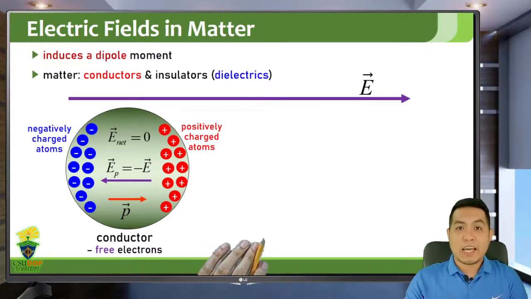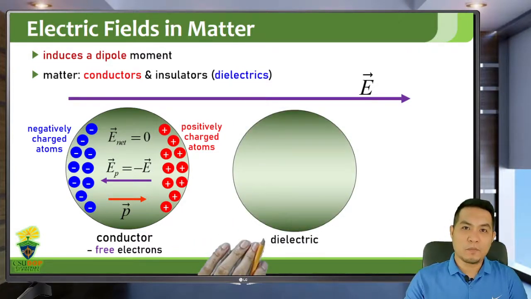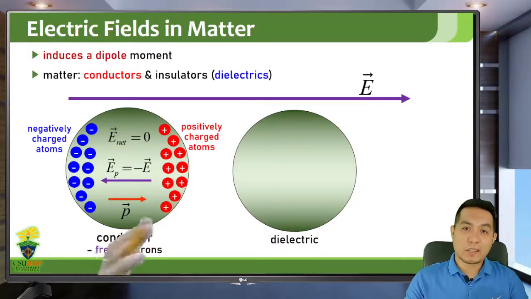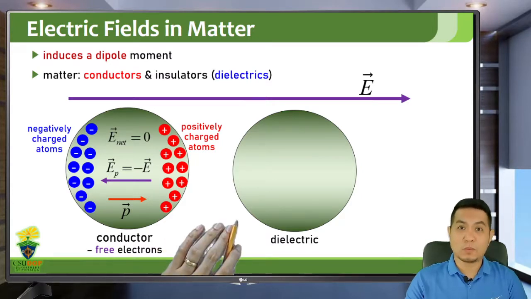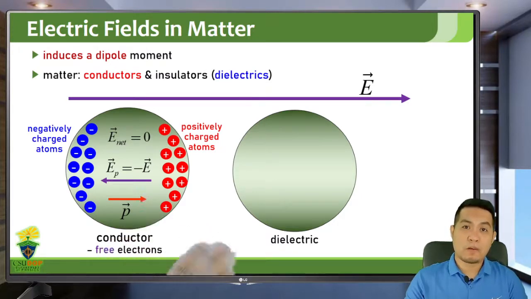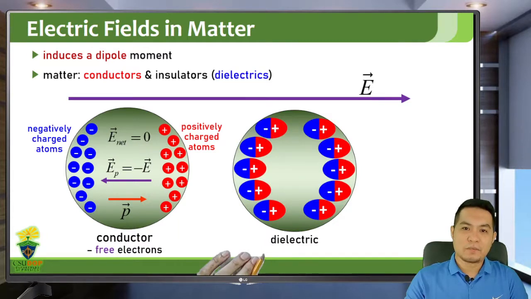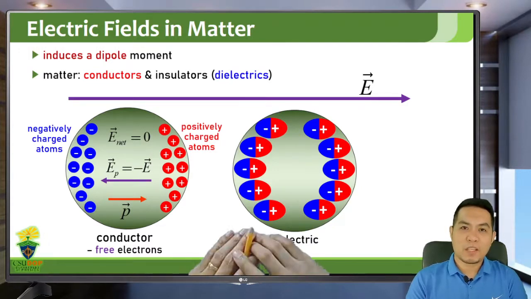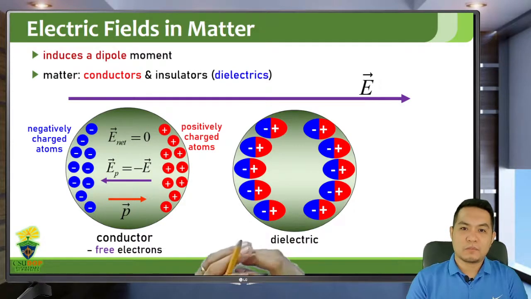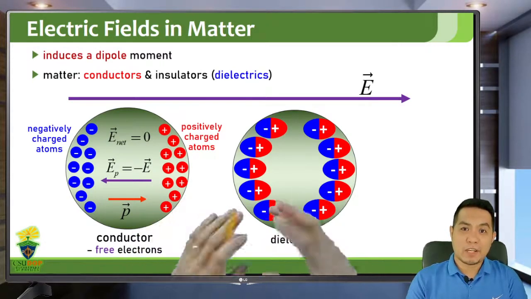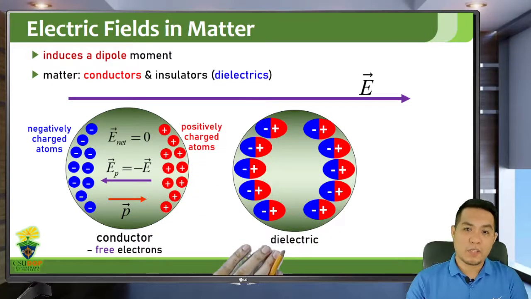However, if you have a dielectric or an insulator, it doesn't have free electrons. So the electrons in a dielectric are actually bound to their parent atoms. So in this case, what the atom can do is either rotate or stretch in such a way that it will align its positive and negative side with the external field.